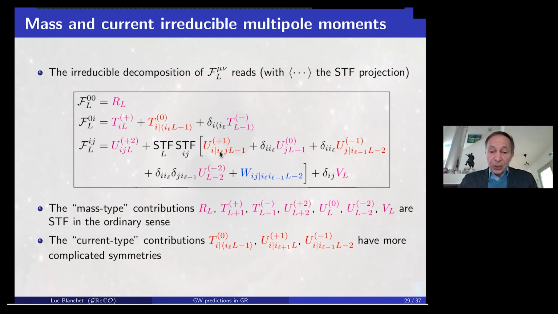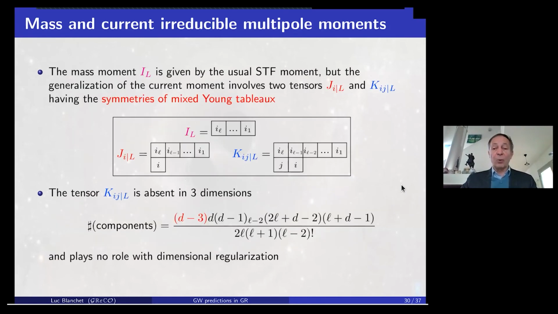There are 3 pieces associated with mass moments, 2 pieces associated with current moments, and there is an extra piece which is absent in 3 dimensions, but plays some role in D dimensions.